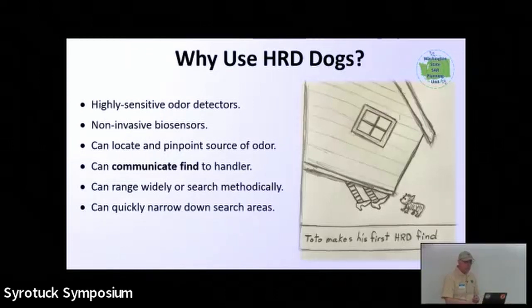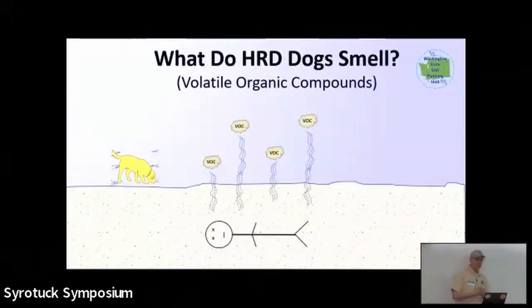So just checking my notes here. Yes. I'll use this highly technical slide here to describe the science of HRD detection. What they detect is what are called volatile organic compounds, or VOCs.